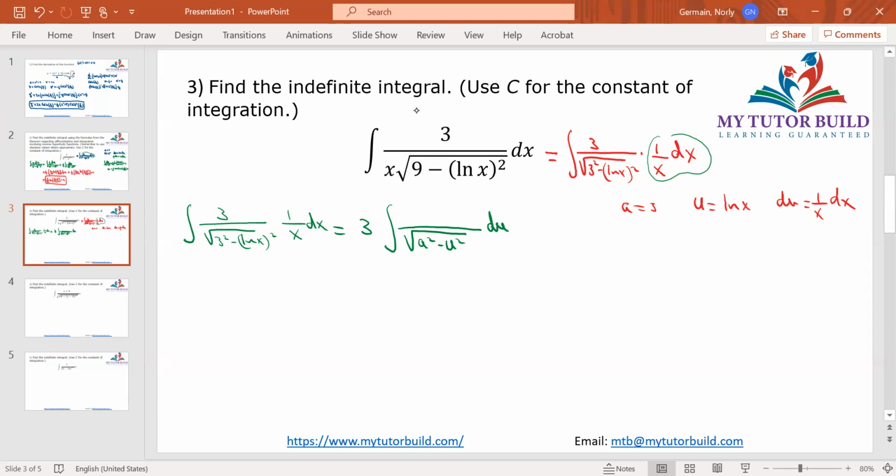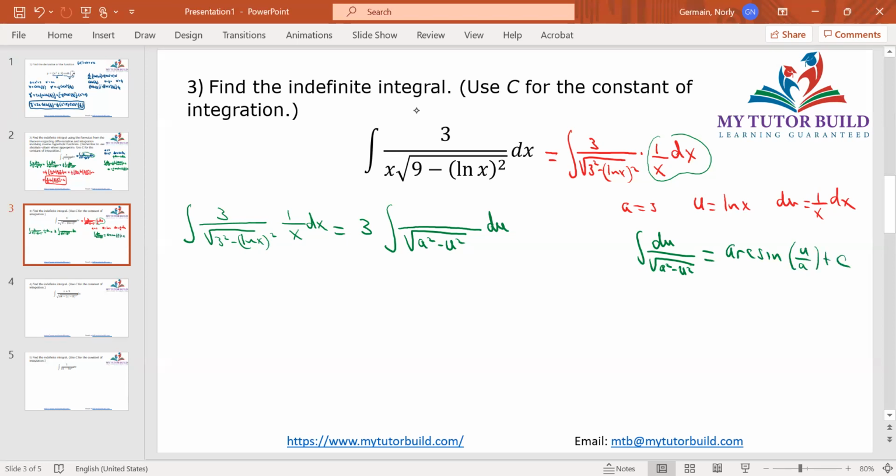Now, we know from some formulas we already covered that if we have du over square root of a squared minus u squared, this formula gives us arcsin of u over a plus c.